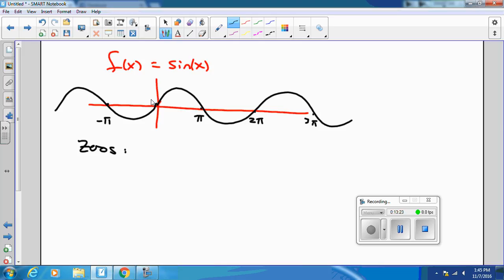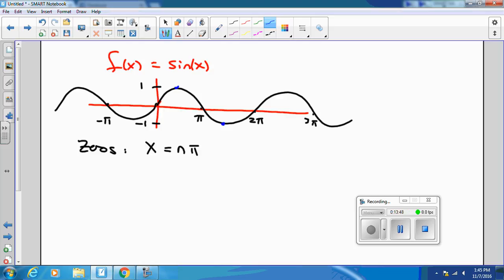So the zeros are generalized at multiples of pi. All right, well, what about the minimum and maximum values? Negative 1 and 1.